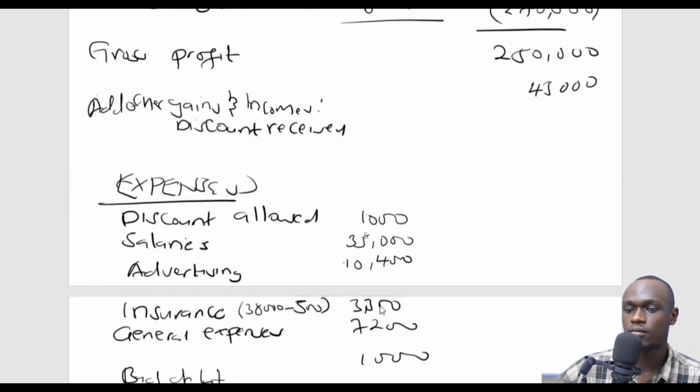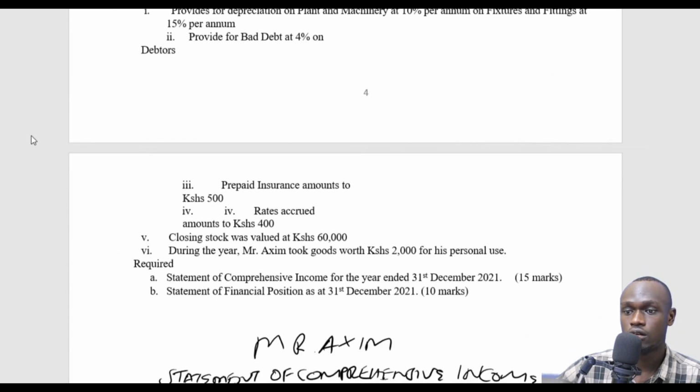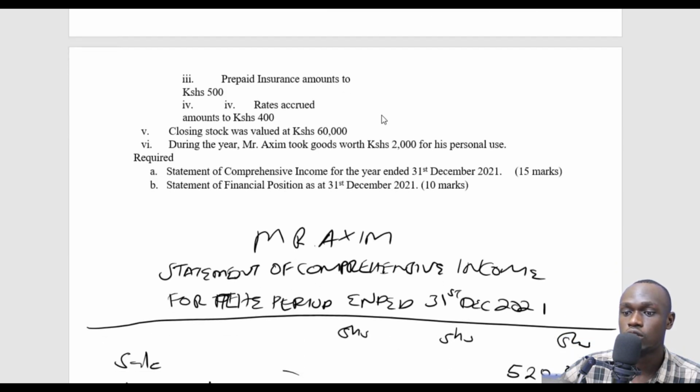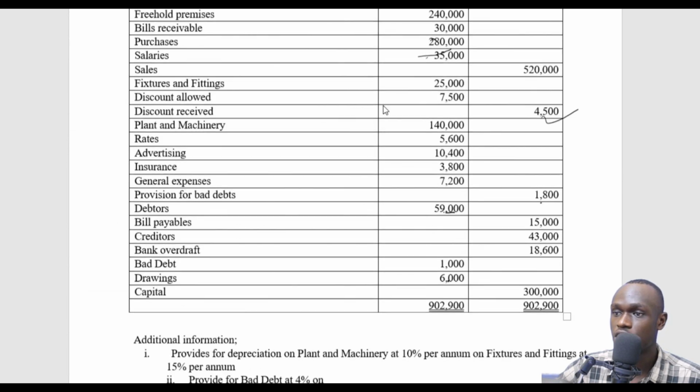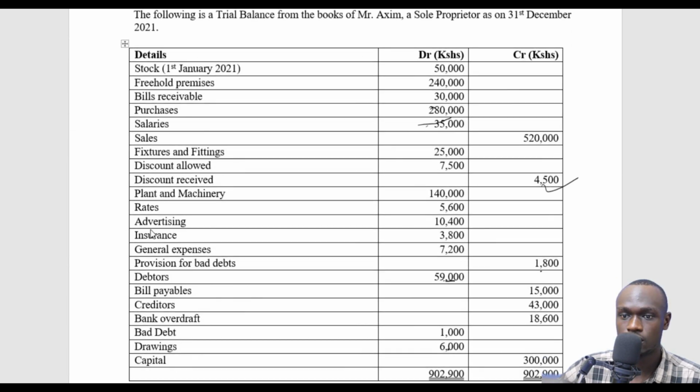Depreciation for plant and machinery. We have been told to provide for depreciation on plant and machinery at 10% and fixtures at 15% per annum. The value of plant and machinery is 140,000.